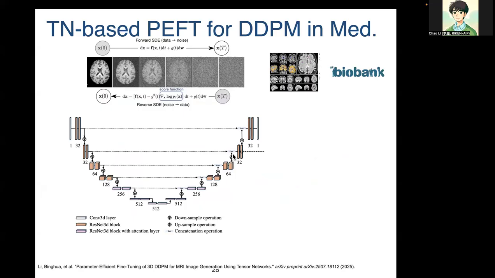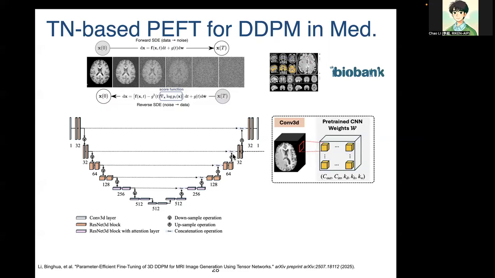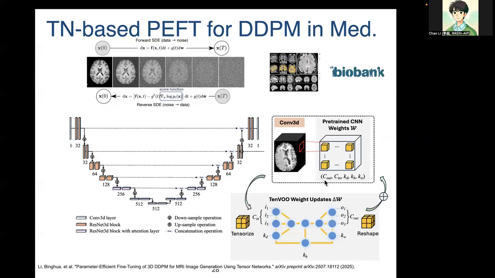The challenge here is that the three-dimensional convolutions create huge, high-dimensional kernels, and the medical datasets are usually tiny, so overfitting becomes a big problem. Just like in Quanta, we use tensor networks to represent only the parameters we fine-tune. This way, we adapt the model to the new data with far fewer parameters and reduce the problem of overfitting.